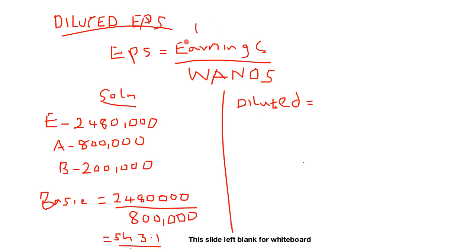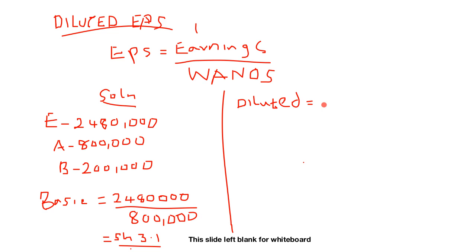So for the diluted, we will still use the same formula by taking the earnings, and then in the denominator we will add the additional shares that were not ranking for dividend. These are the shares that have now been converted to ordinary shares, the preference shares that have been converted.